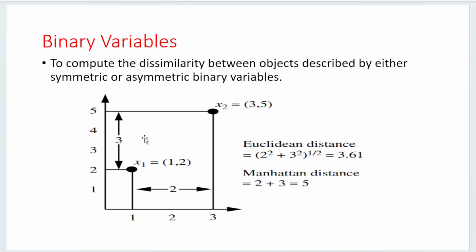This is the equation they have given, for symmetric or asymmetric variables. Here my first value is x1 equal to (1, 2) and x2 is (3, 5). We know how to calculate the Euclidean distance, and this is my Manhattan distance. How much did I get? 3.61 for Euclidean, and for the Manhattan distance we got the value 5.